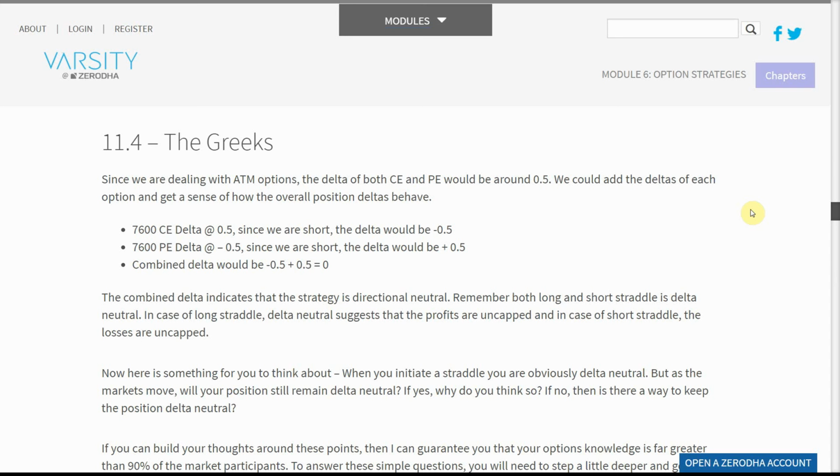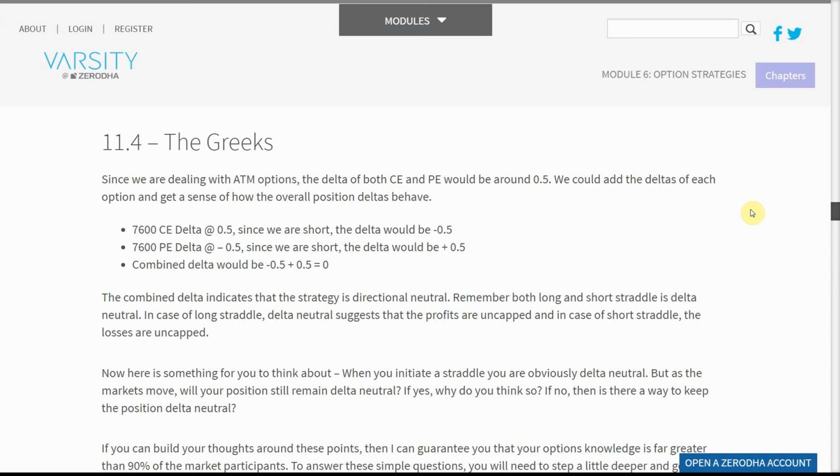Since we are short, the delta would be minus 0.5. The 1140 PE delta is 0.5. Since we are short, the delta would be plus 0.5. Combined delta would be minus 0.5 plus 0.5 equals 0. The combined delta indicates that the strategy is directional neutral.